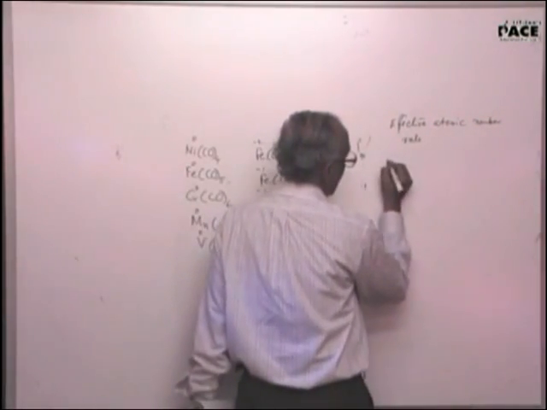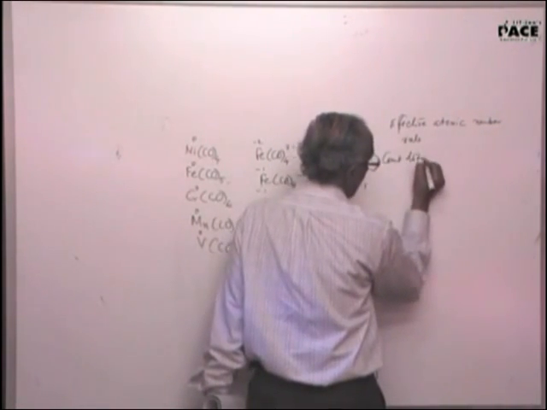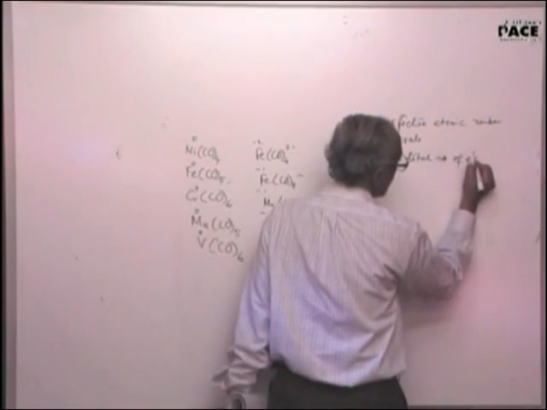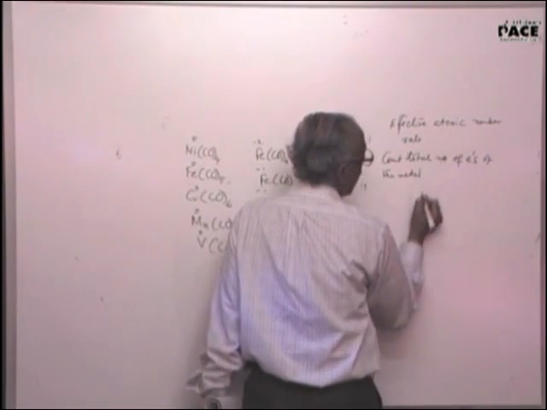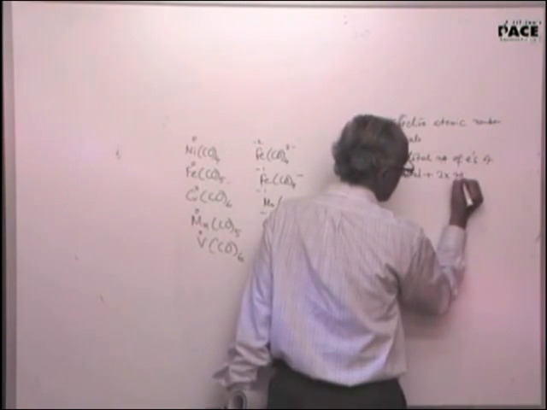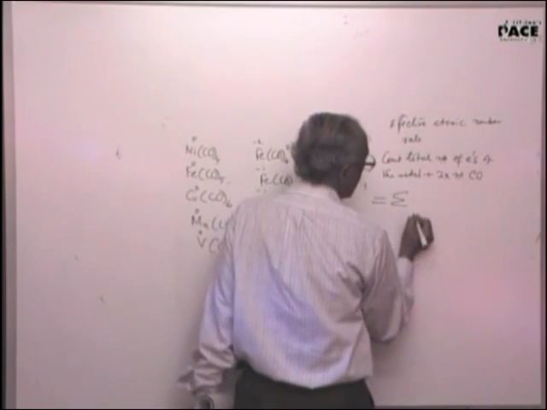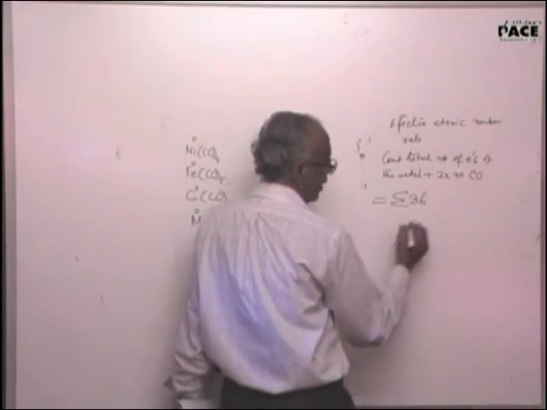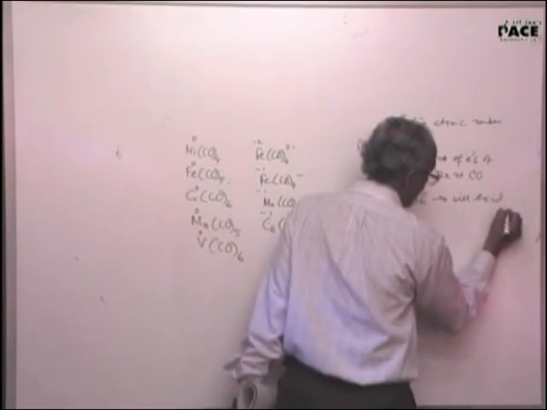This states that you count the total number of electrons of the metal plus 2 into the number of carbon monoxide, and if the sum total becomes 36, then it will be stable, will exist.